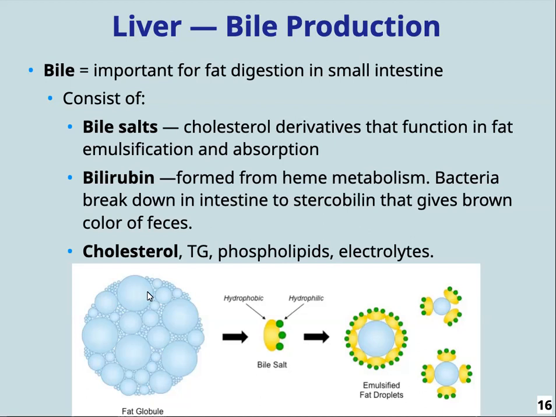Here we can see that this is a large fat globule with multiple individual fat droplets. And so what bile salt does, you can see that bile salt has this property of having a hydrophilic end and a hydrophobic end. So having these two different ends allows it to act as an emulsifying agent, such that its hydrophilic end will face the water, the aqueous solution, whereas its hydrophobic end, or the lipid loving end, lipophilic end, will then face the fat.